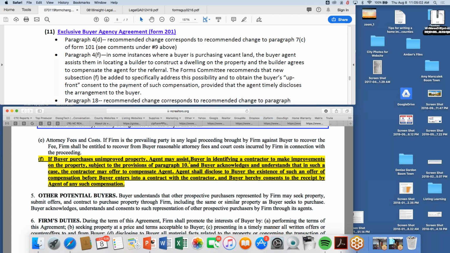And buyer hereby consents to the receipt by agent of any such compensation. So it's basically clarifying that you're going to be getting money that might not be tied specifically to the sale of the property, and that you're going to have money coming to you that the buyer needs to be aware of. Any questions there or concerns?